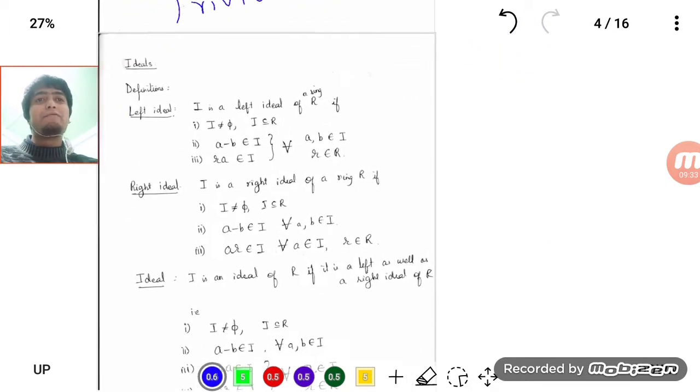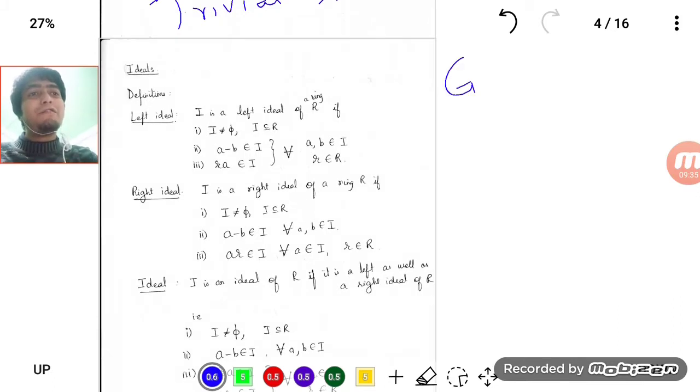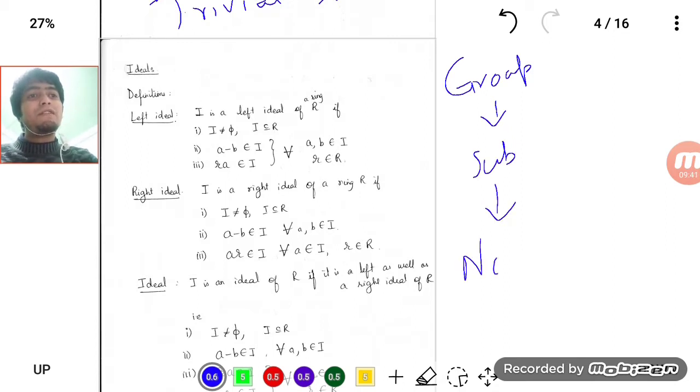Now that we have learned this, again let me remind you, we have a group, and then we have a subgroup, and then we have a normal subgroup, right? In rings, what do we have? We have a ring, and then we have a subring.